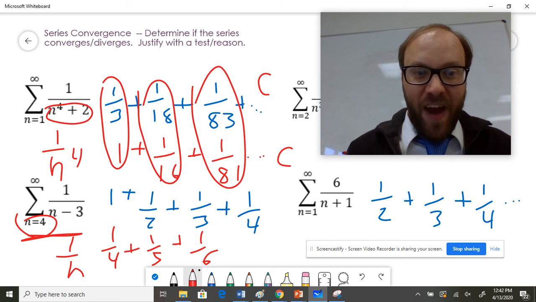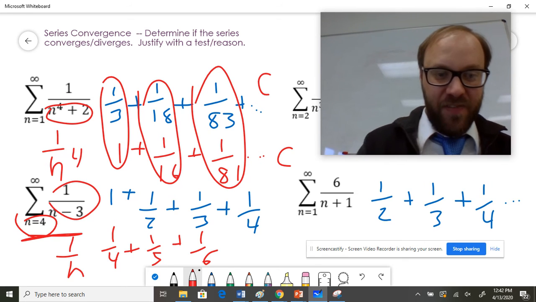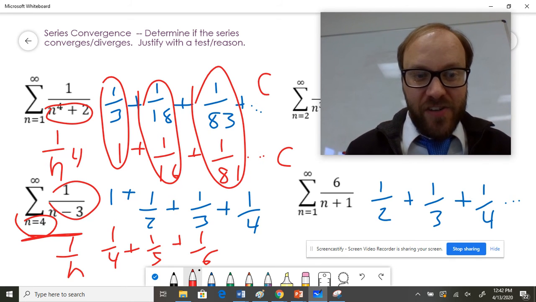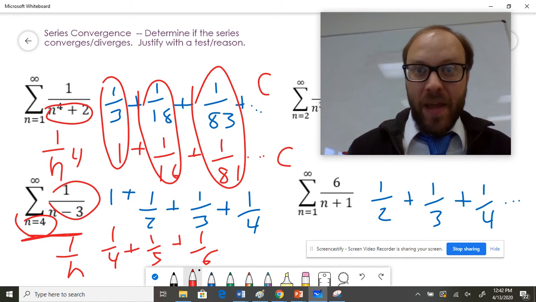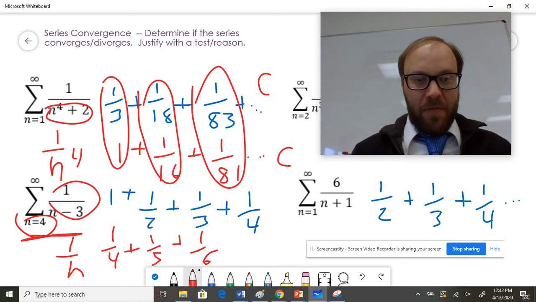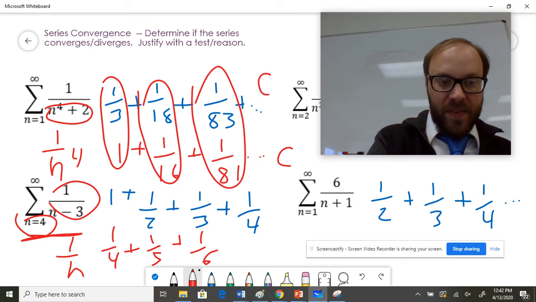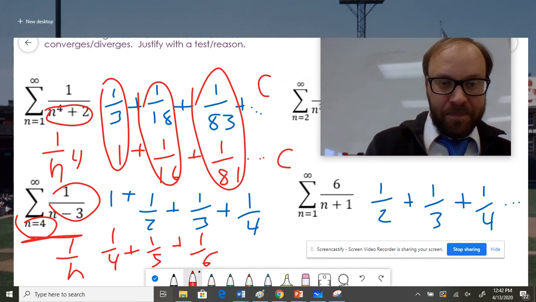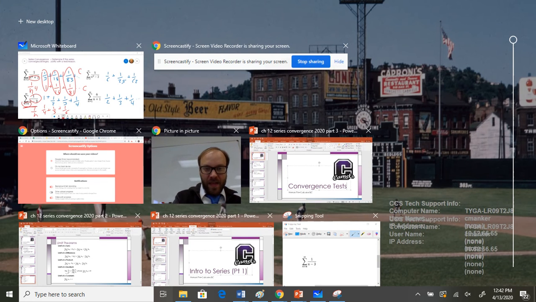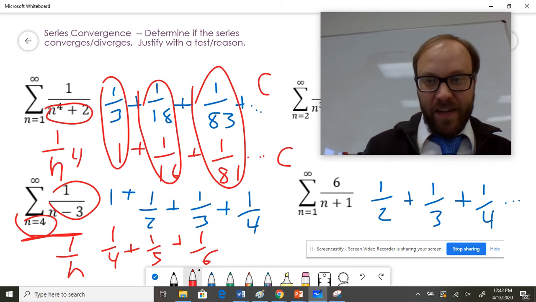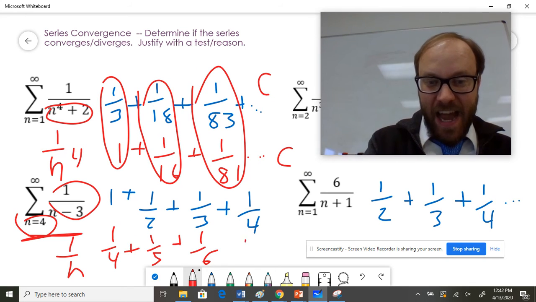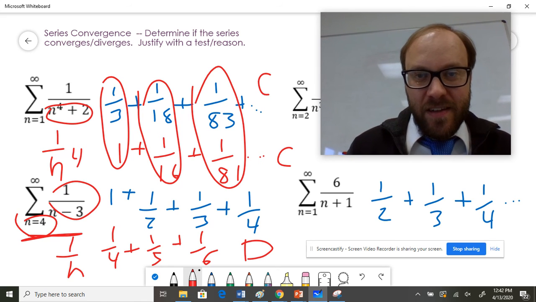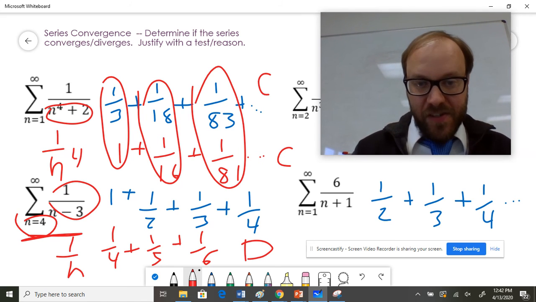Notice because I'm subtracting 3 in this fraction up here, the denominators are smaller. Fractions with smaller denominators are actually bigger. So for example, 1/2 is bigger than 1/5. Down here we have 1 over n, and that is a divergent harmonic series.